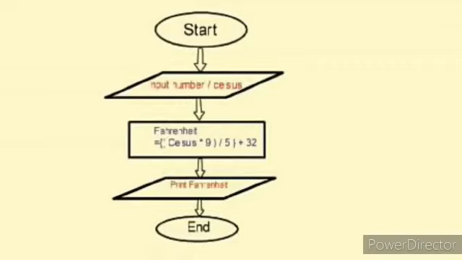To draw a flowchart of this problem, first of all, we have to start our flowchart by using terminal symbol, and after this we have to show our flow from up to down.